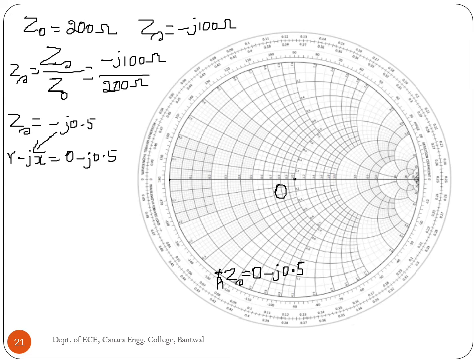With OA as radius, draw the circle. This is the VSWR circle. Extend OA to OA dash.